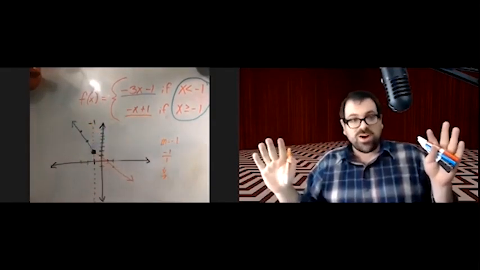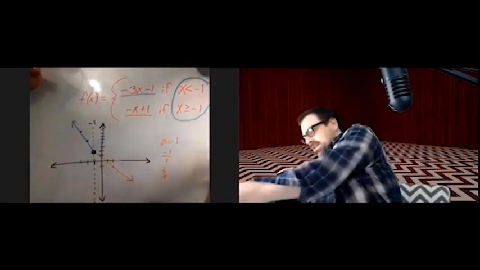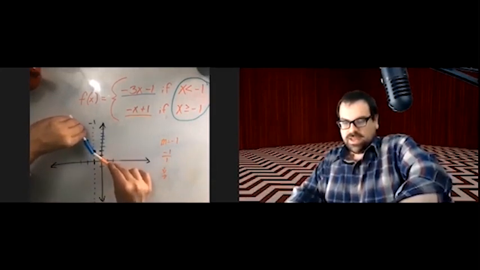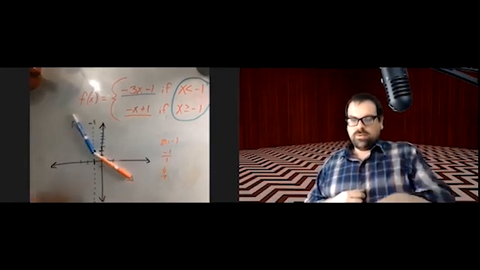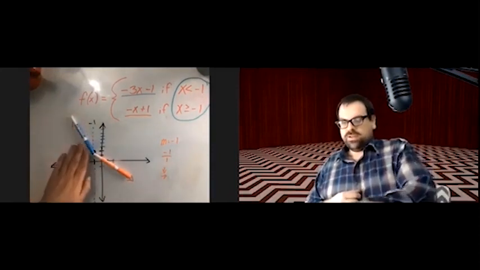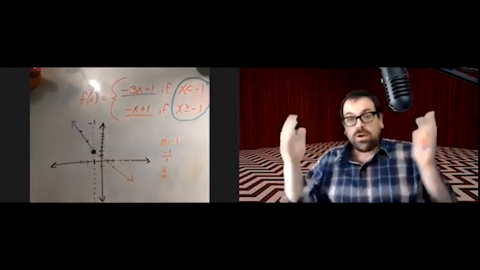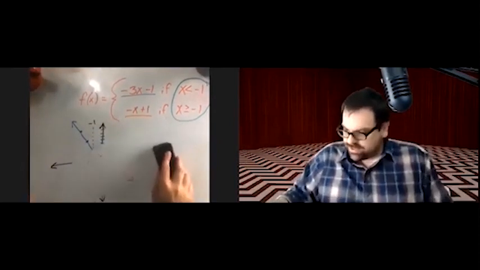This isn't one of my drawings that went awry. This is actually supposed to look like, instead of a straight line, a bent line. Slope of negative 3, slope of negative 1. Hopefully that helps clarify piecewise functions.